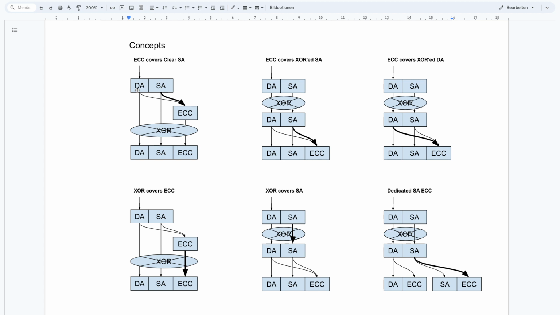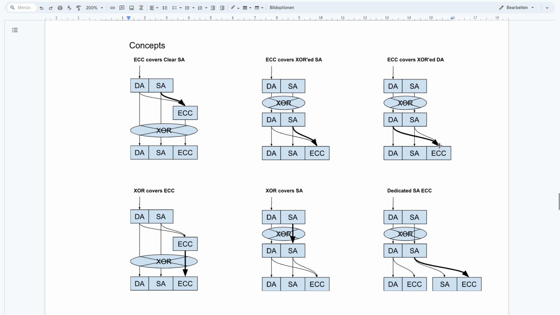I think we can always assume that ECC, when it's available, and I assume that it will always be available, is covering the data area. Not covering the data area would not make any sense, so that's a pre-assumption. The question here is whether it is covering the XORed data area, like in this case where we first do XOR and then the ECC calculation.